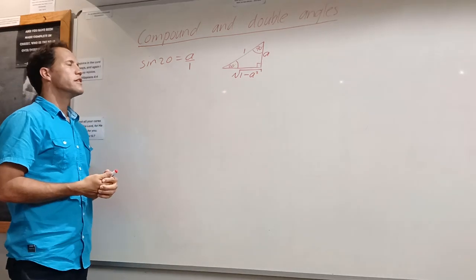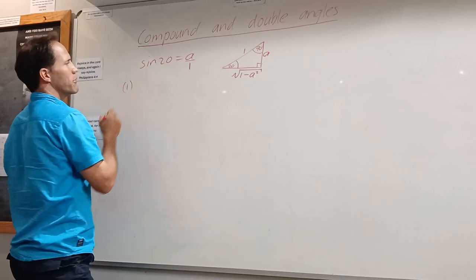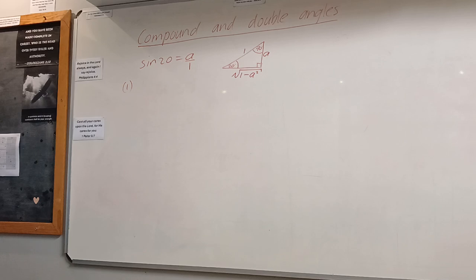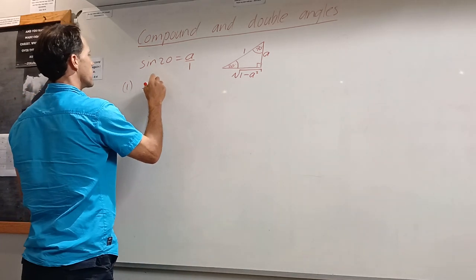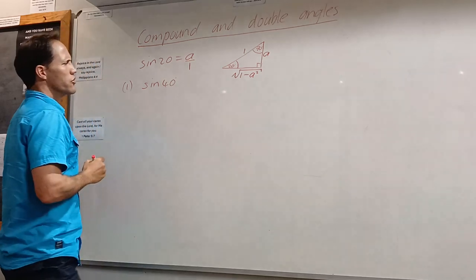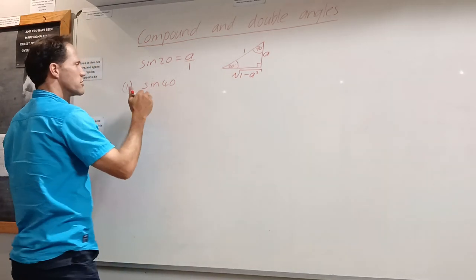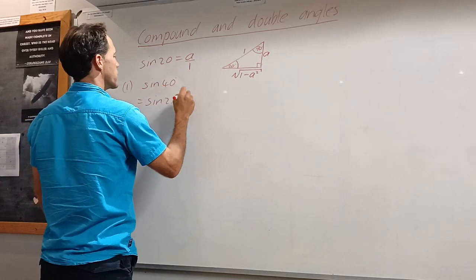Okay. So let's say, for instance, the question says, let's say question number 1, they say find sine 40. You can say, well, I don't have a 40, I've got a 20. But I know sine 40 is the same as sine 2 times 20.